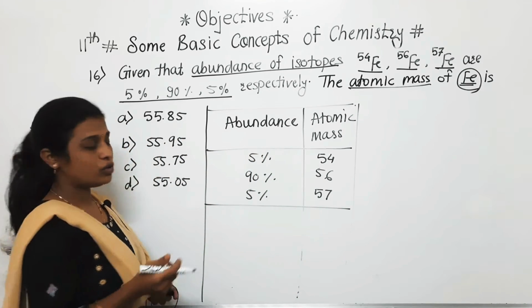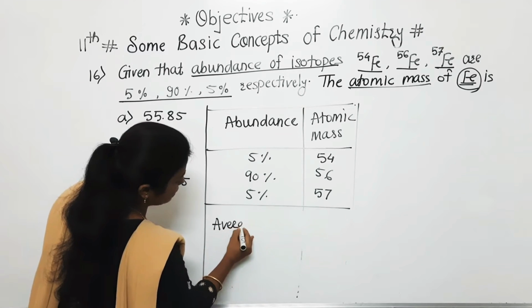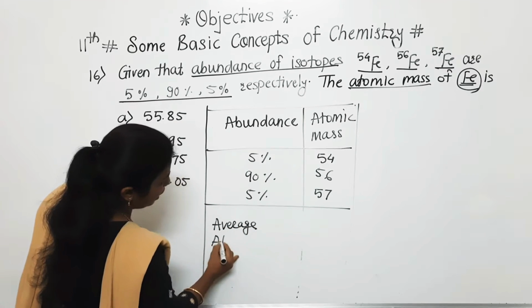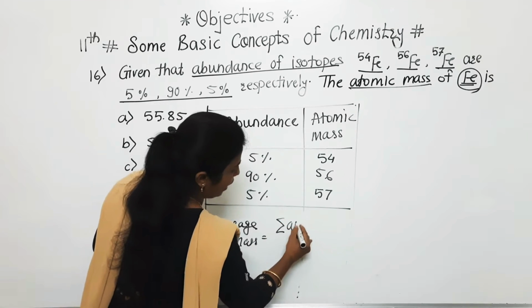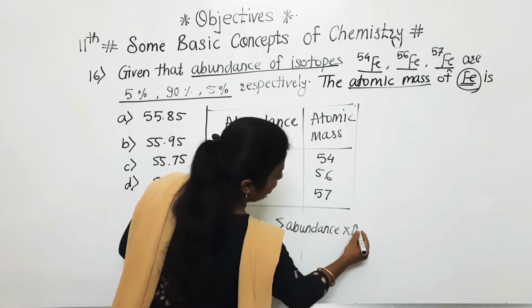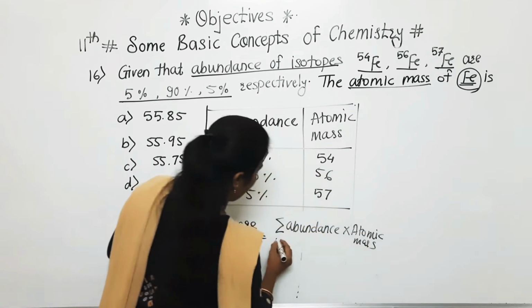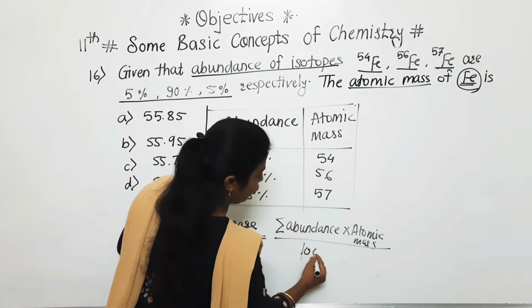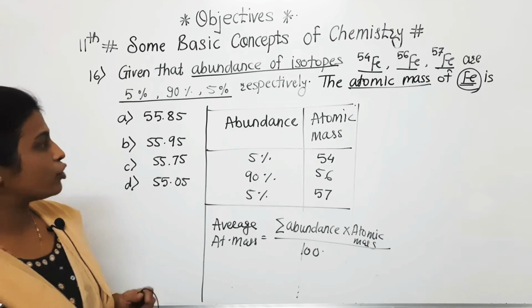Now what we have to do? Just write the formula: average atomic mass is equal to the sum of abundance into atomic mass, divided by 100. This is the formula which we have to use for the calculation of the atomic mass.